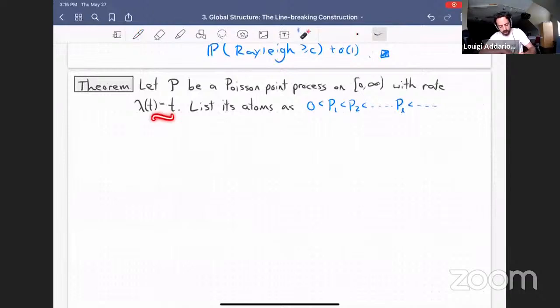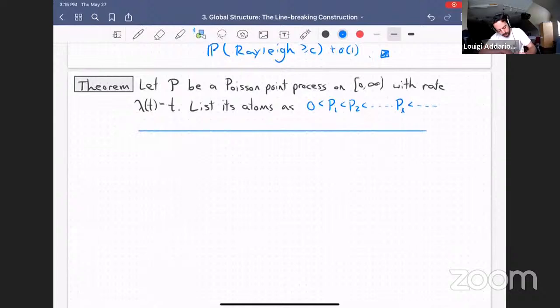And because the rate gets larger as time goes on, we expect the gaps between these atoms to get shorter and shorter. So that gives us some picture which looks like some initial atom P0, P1, and then P2, maybe P3 is a bit of a bigger gap, but then as time goes on, the spacings stochastically get shorter and shorter.